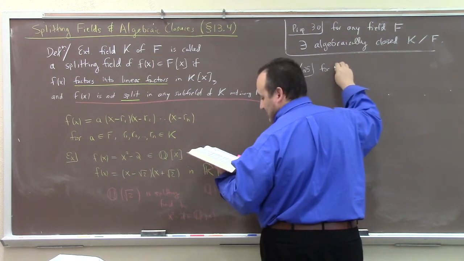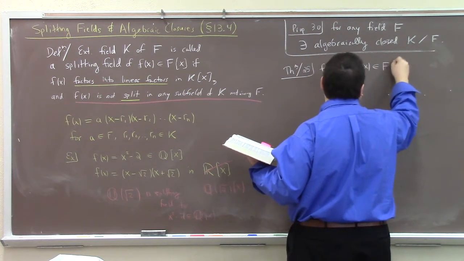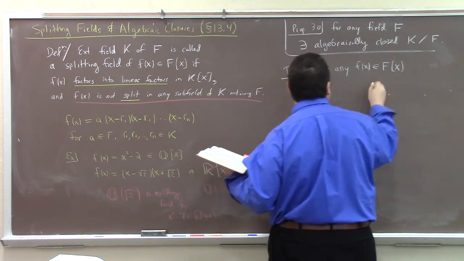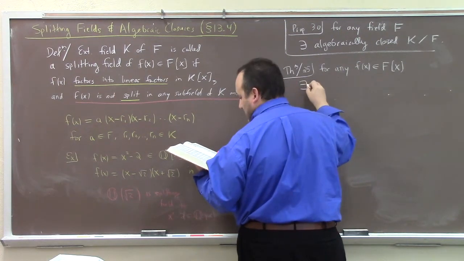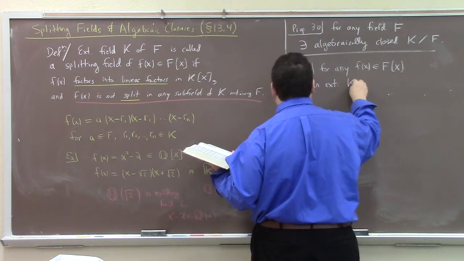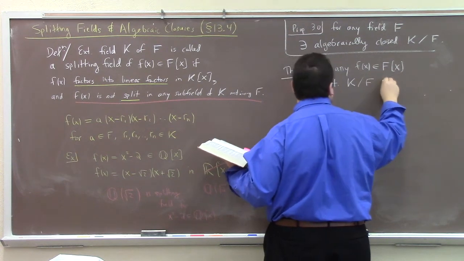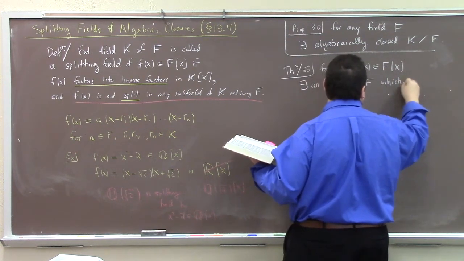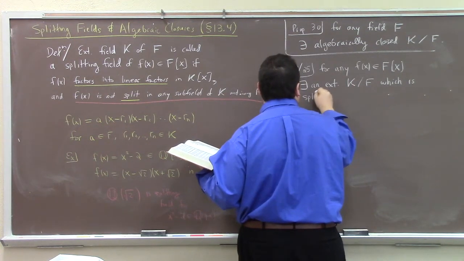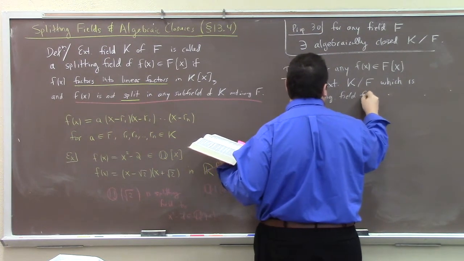For any f of x over a field, a polynomial with field coefficients, there exists an extension K over F which is a splitting field for f of x.